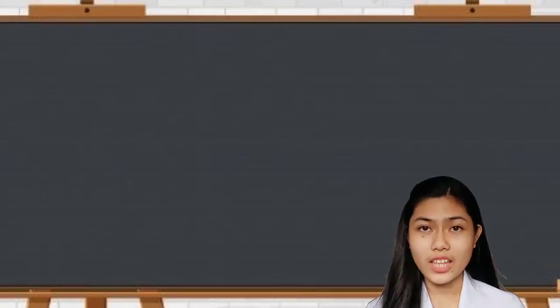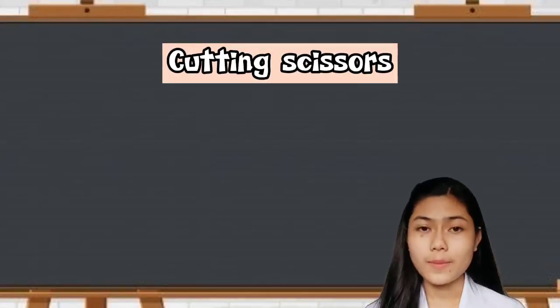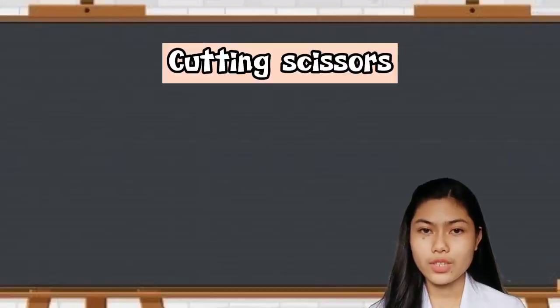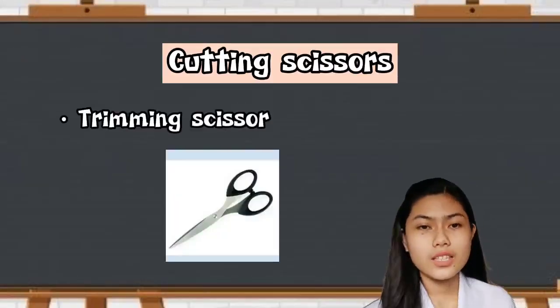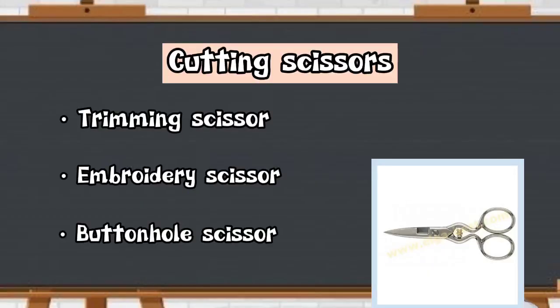Next, we have the cutting scissors. Cutting scissors also have three types. First, we have the trimming scissors, next the embroidery scissors, and third is the buttonhole scissors.